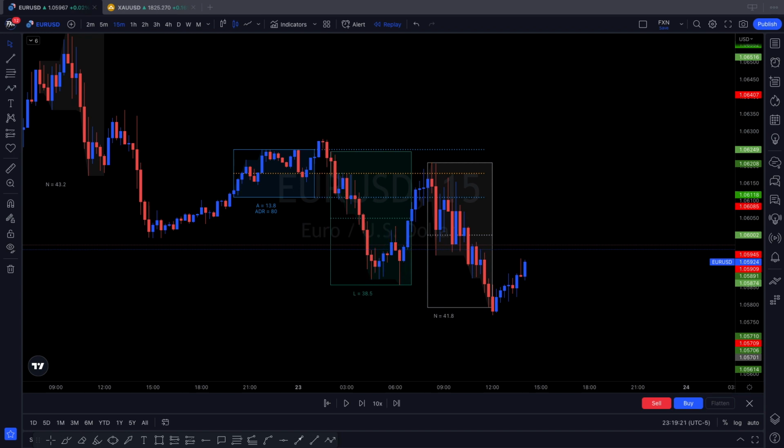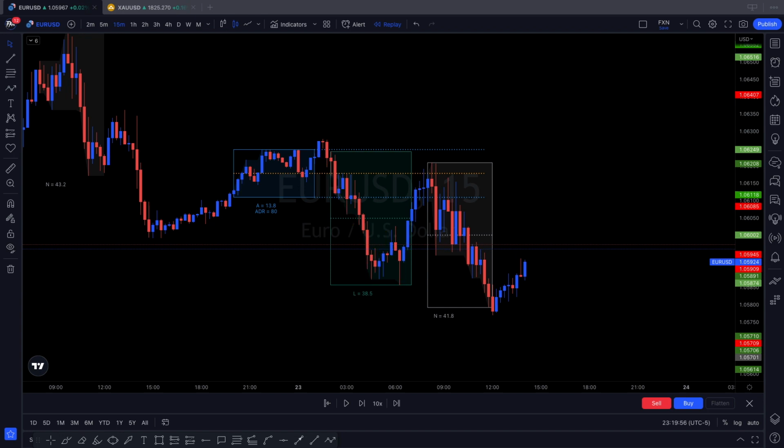The only problem that I had with it is that it was going against my directional bias. Again, my directional bias was to look for sells, was to go down. So with my directional bias being that I'm only interested in looking for sell setups, for me, this would not be a trade setup that I would take.